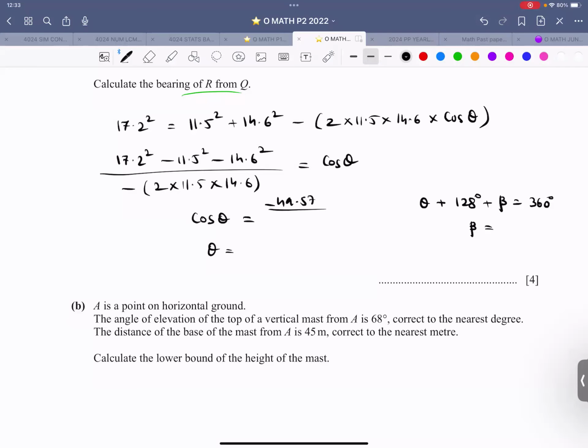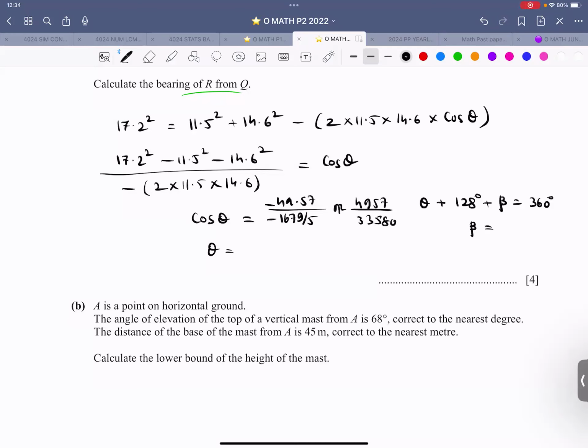This is 1679 over 5. So if I divide 49.57 by a fraction, 1679 over 5, this comes out to be, this is also negative, 4957 divided by 33580.